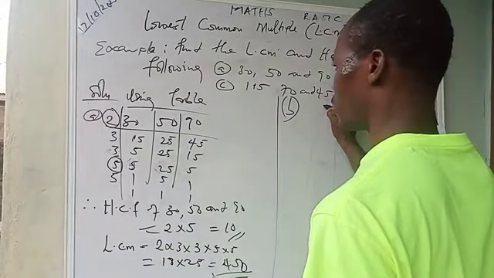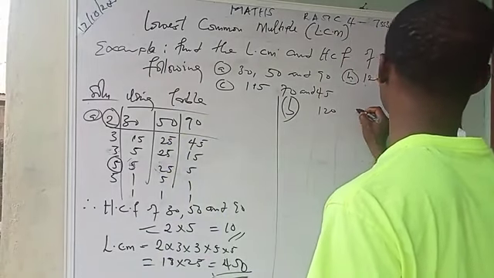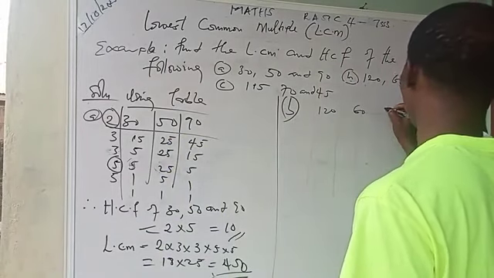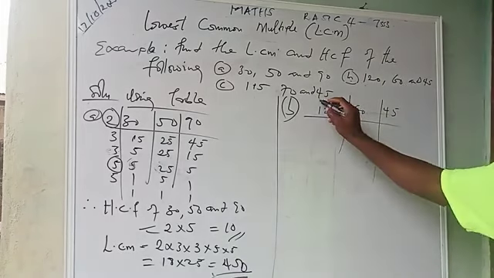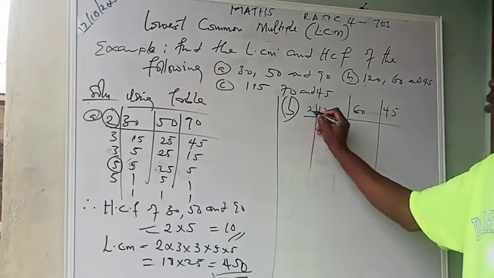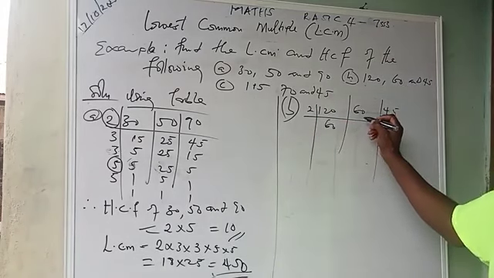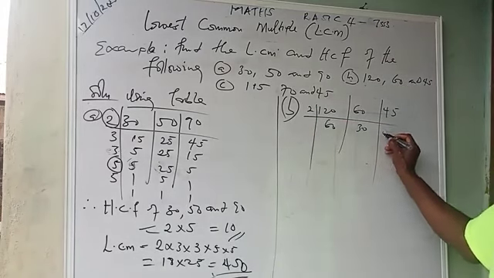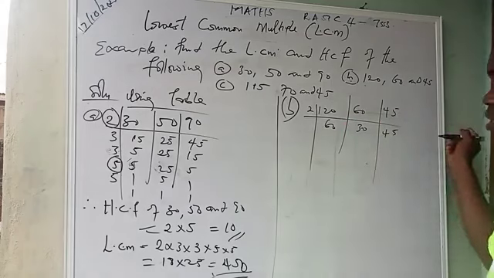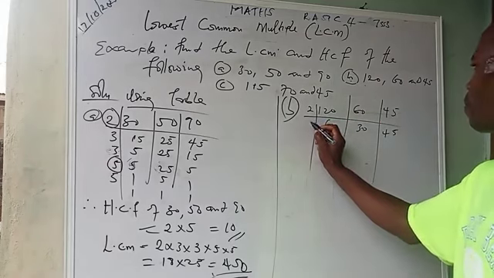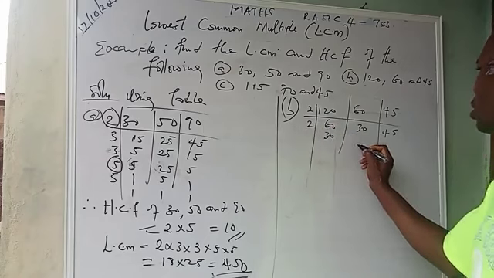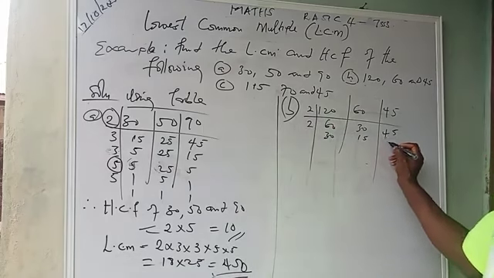You have 120, 60, 45. Making use of my 2, I have 60, 30, 45. It didn't divide the 3 of them, so I won't circle it. I have 2 again: 30, 15, 45.